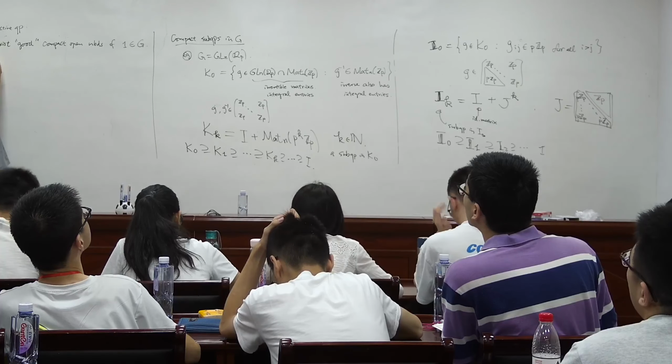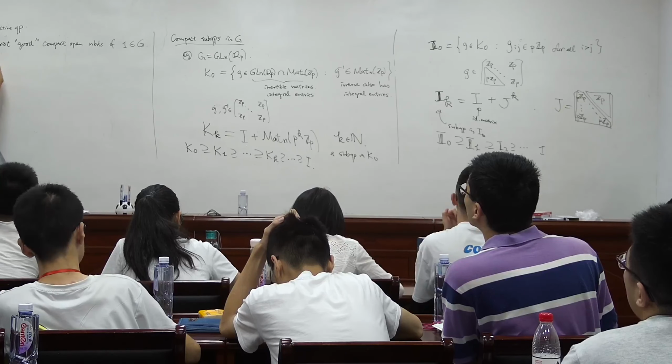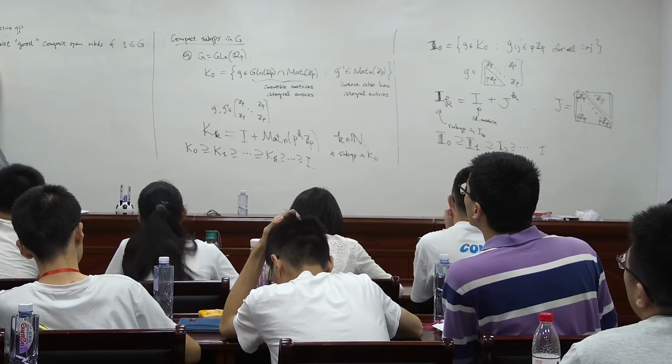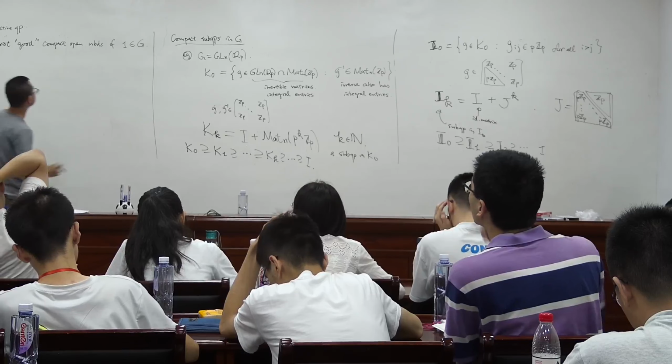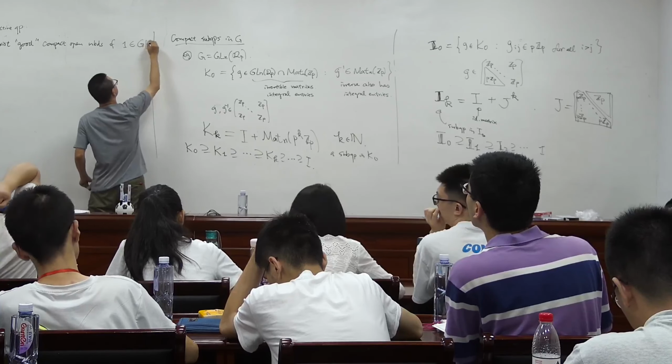Let me be consistent with my notation. I'm talking about the F points of a reductive group.